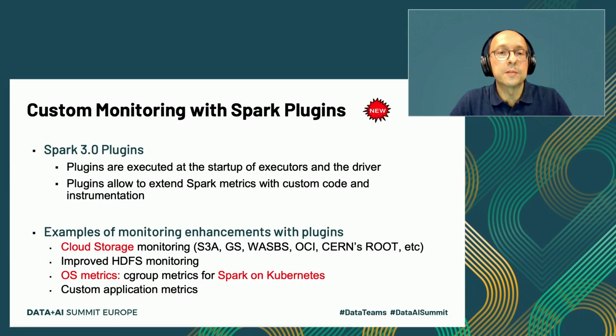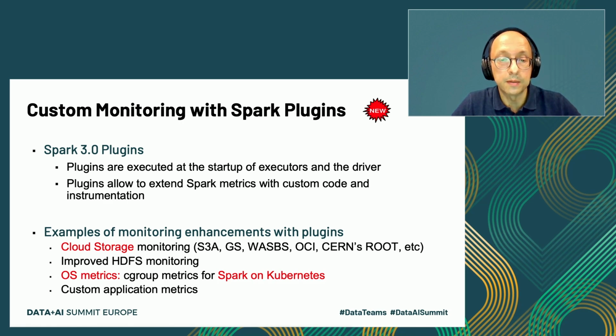One feature in Spark 3.0 that I particularly like in monitoring is the possibility of using Spark 3.0 plugins to extend monitoring. Spark 3.0 plugins are user-provided code that is executed at startup of the executors and the driver. And the plugins also allow to extend the Spark metric system.